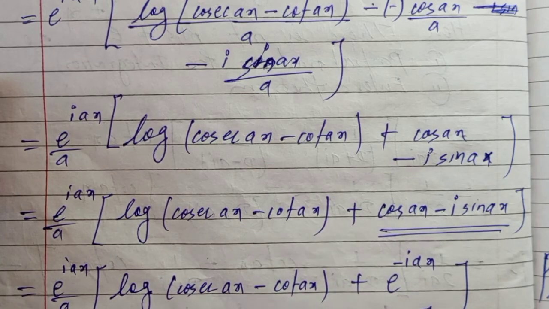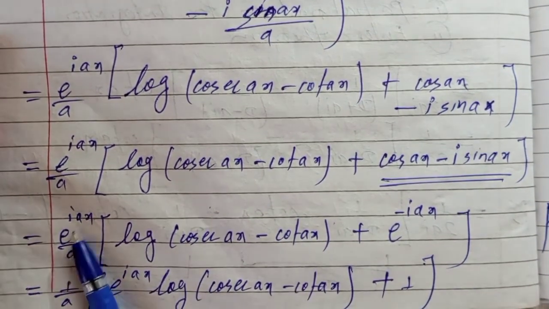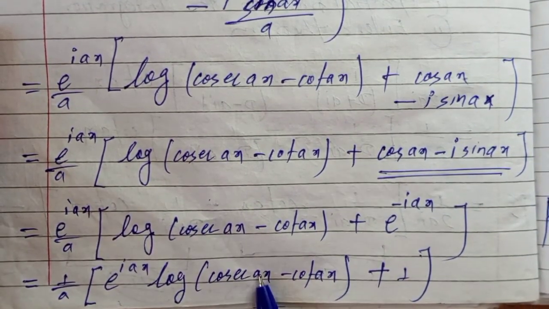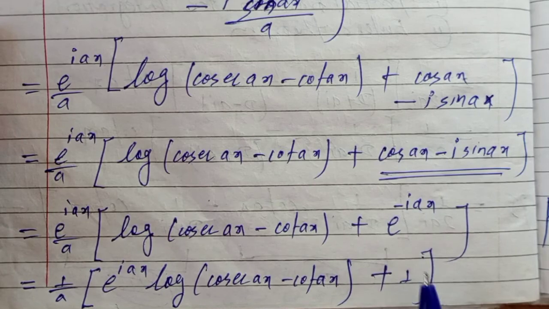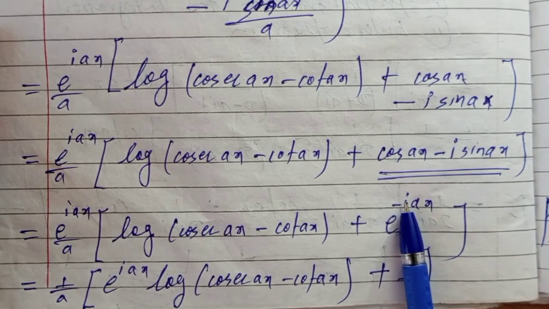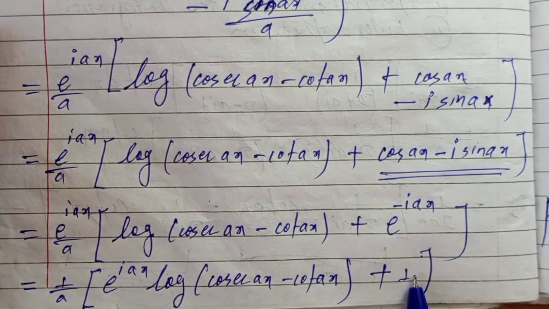So this is going to be our Euler formula like this, and this value is going to be copied from top to down. Then after we will send this e to the power iax inside so that it will multiply with this term also and this term also. Here the powers are going to be added, thus the power is going to be 0, so e to the power 0 is 1.